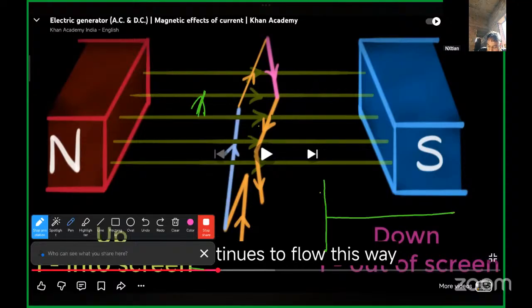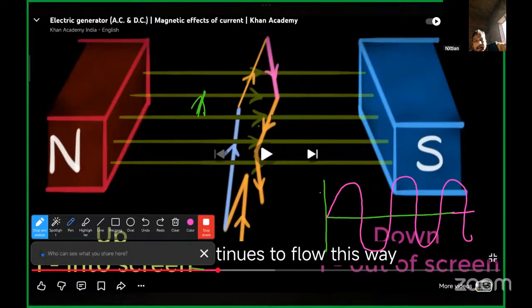Like in the pink wire, first the current was going like this, then it becomes zero, then it goes to the next direction, then like this. So you can see the graph is formed like this. That's why it is called AC current. Did you understand? The current is changing because the shaft is moving like this.